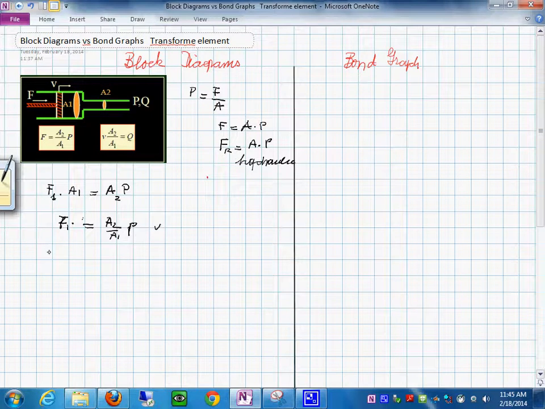This is one of the equations, but it also relates to the other variable. Q is always area times the velocity, right? The velocity multiplied by the ratio here is equal to Q. When you look at this, F times the velocity equals P times Q. This is power conservation.